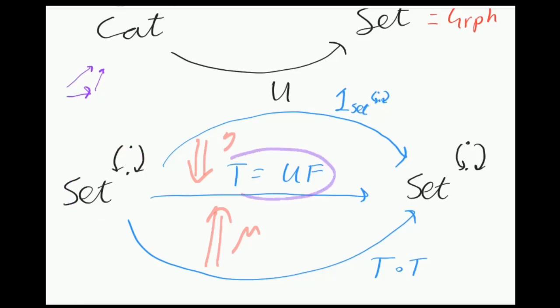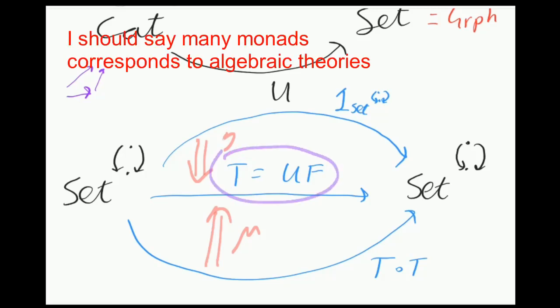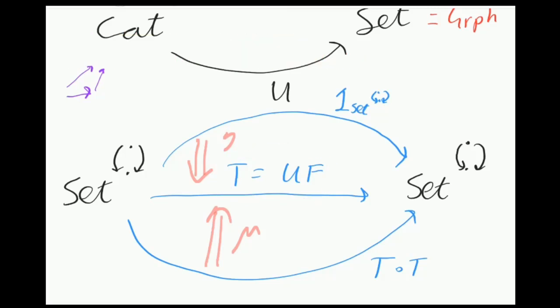And so how can we think of this functor T? Well, it's going to take a graph, and then it's going to generate the free category of that graph, and then it's going to again forget about the compositional structure that it's just created.